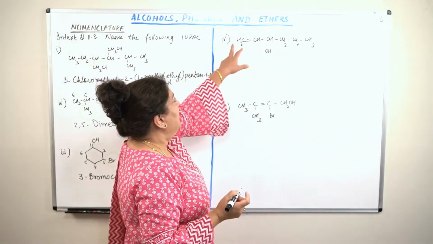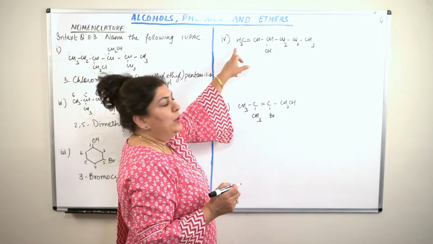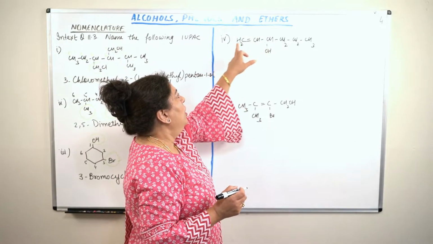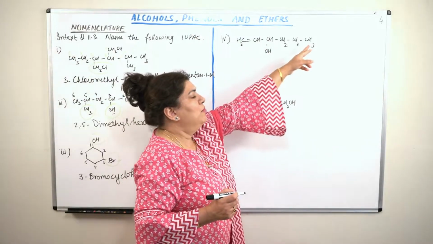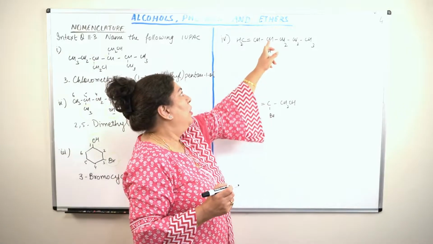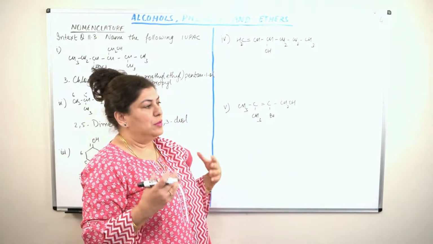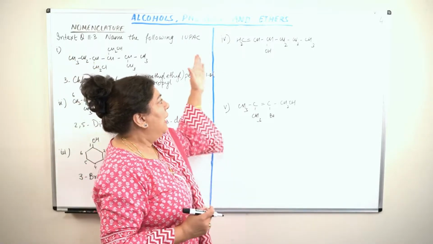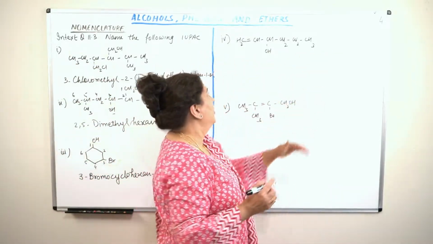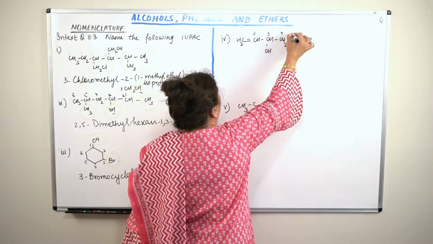And if it is hexene, if I count from this direction, the ene gets the lower number here. And ol also comes on the third carbon. But if I count from this direction, 1, 2, 3, 4, fourth is ol, and fifth is ene. So according to the lowest sum of locants rule, I will count in this direction. So this is carbon 1, carbon 2, 3, 4, 5 and 6.